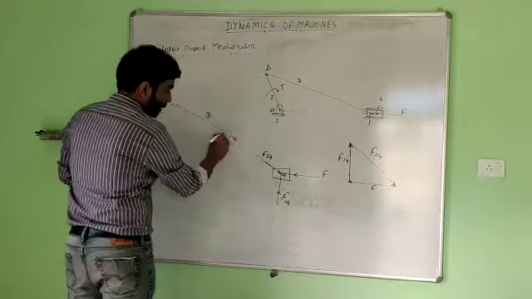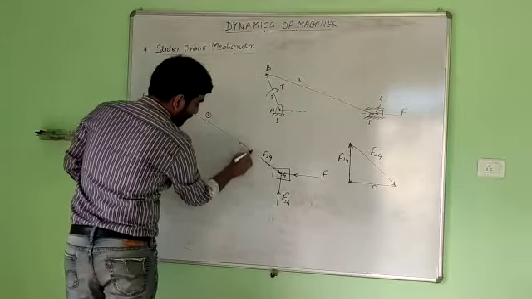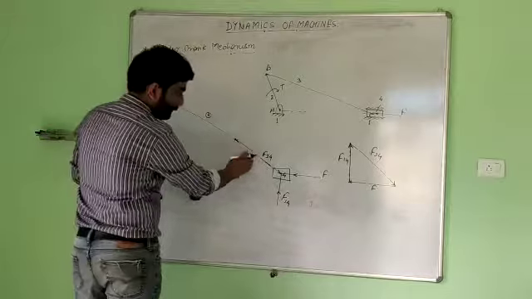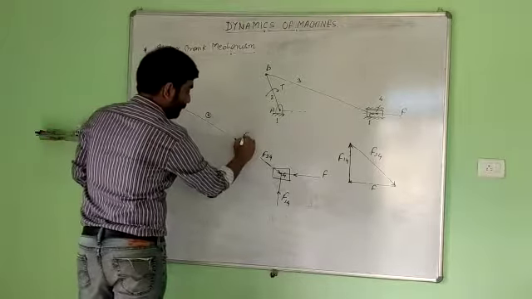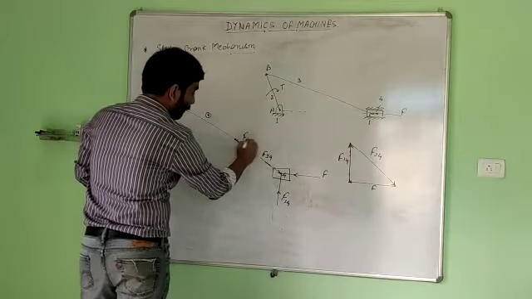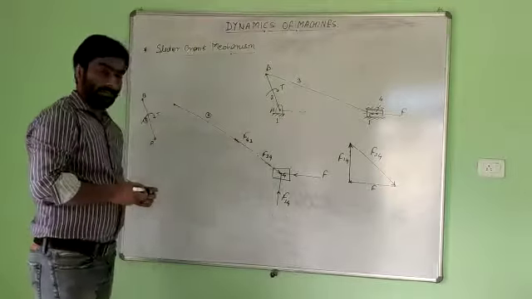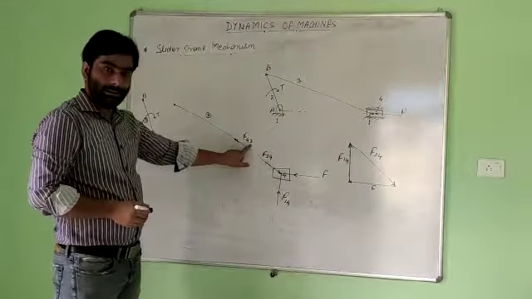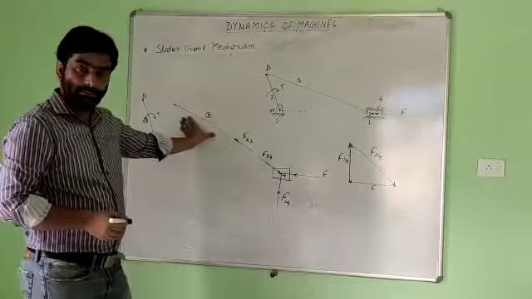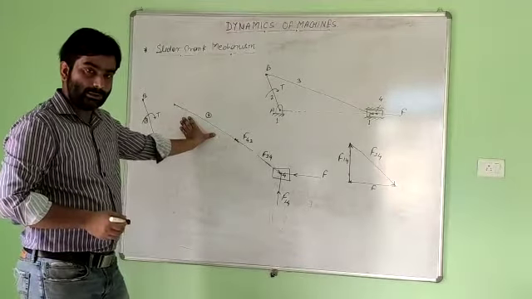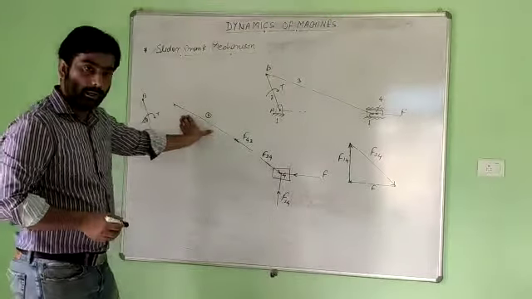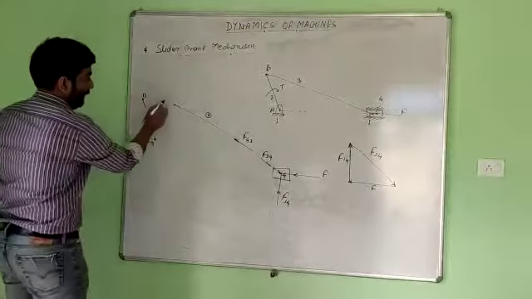This force will act opposite to F34, and the amount of this force will be equal to F43, by the member 4 on the member 3. The member is in equilibrium under the action of two forces, so the forces will be equal and opposite along the same line of action.